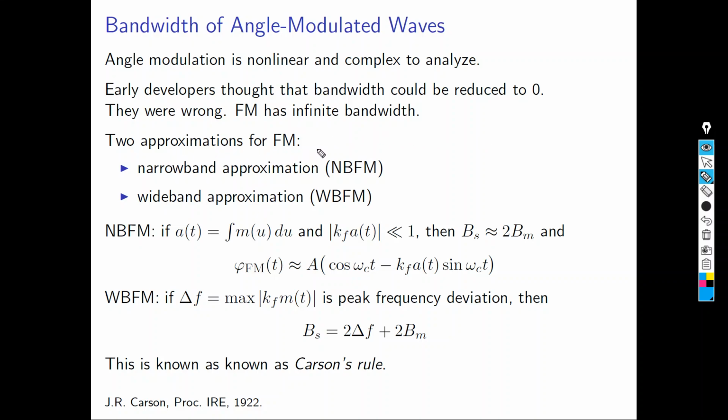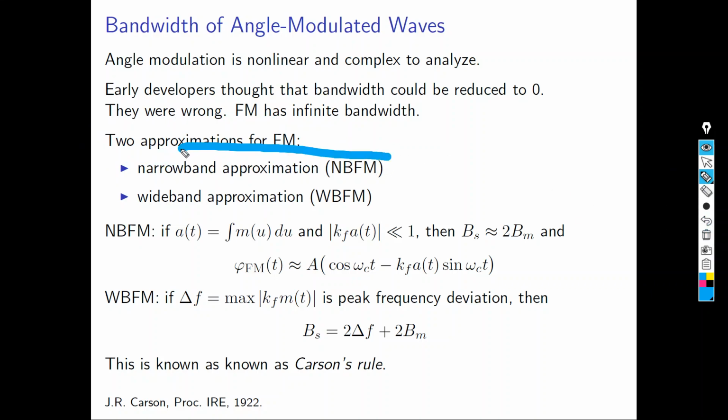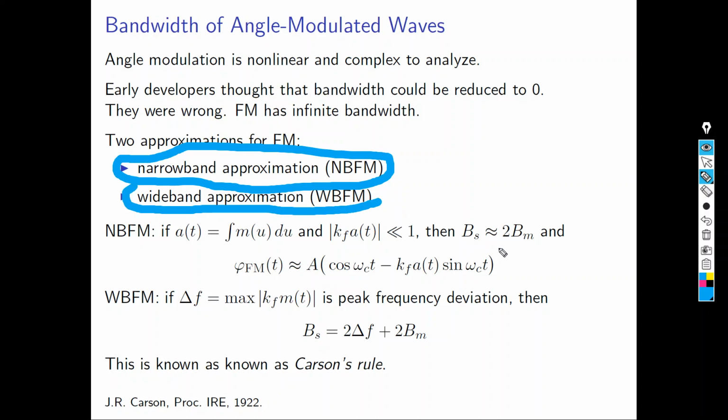So there are two approximations for FM in general. If we want to study FM, we need to study both of them and take care of them. The first approximation we call narrowband frequency modulation, and the second one wideband approximation. For narrowband frequency modulation, the bandwidth is narrow, and you can find it to be small, while in the wideband approximation, you approximate your angle modulation to a wideband scenario, and in this case the bandwidth is a little bit large.